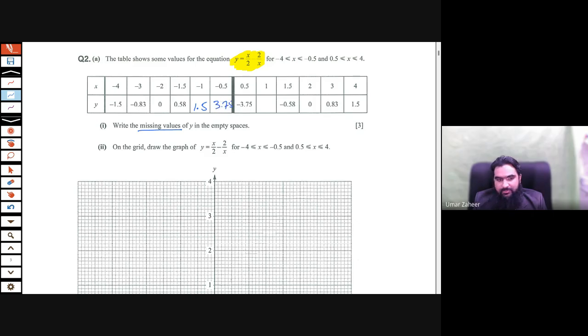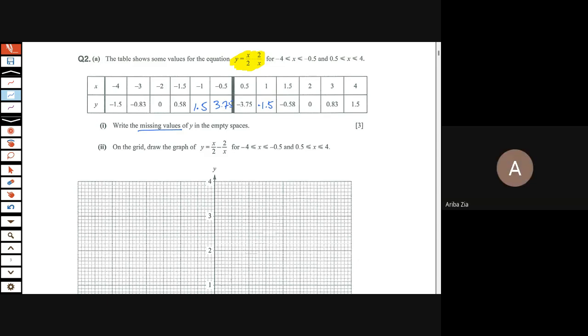The other one also, confirm the answer. At 1, I think 1 over 2 minus 2, it's minus 1.5, I think. Please verify it. Yes, sir, 1.5. All right.